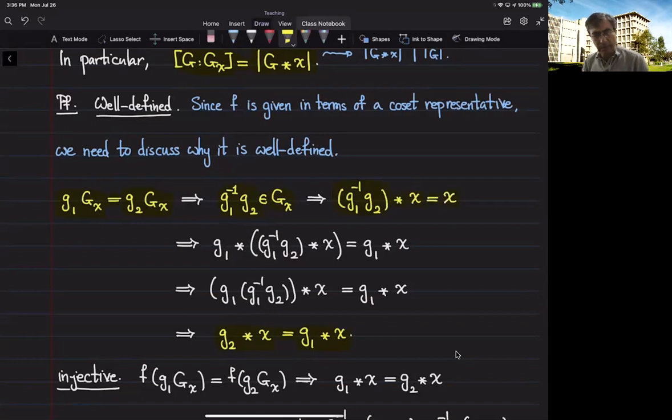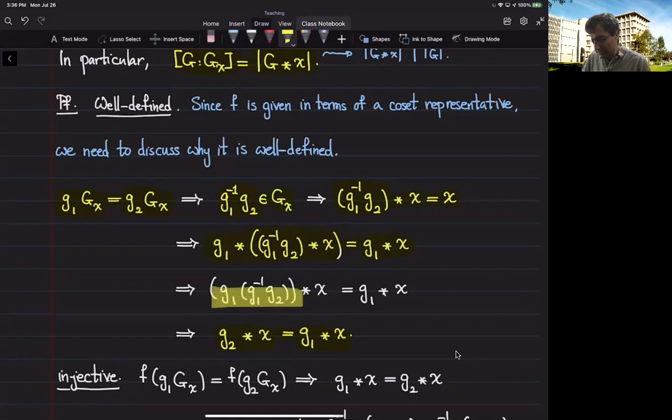That means as I apply this element to the point X, I'm not moving it. Now let's multiply both sides by G1. That means I'm letting G1 act on both sides of this equation. I get that G1 acting on this point is the same as G1 acting on this point, this one acting on X. Using the fact that this is an action, star is compatible with multiplication inside the group, I can remove the star and reorder the parentheses.